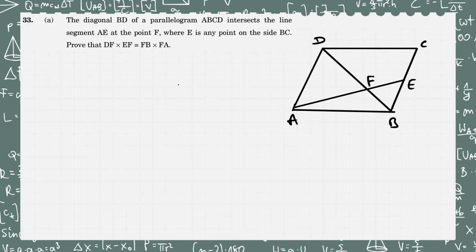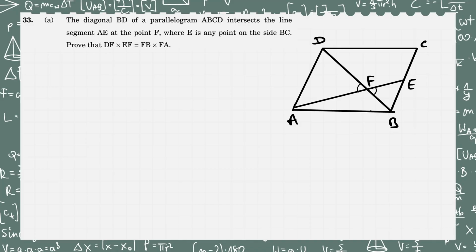That's the idea. For this, the triangles we are going to consider are the triangle ADF and the triangle FBE. Since BD and AE are intersecting at F, these two angles I have marked are vertically opposite angles, right? They are always equal.